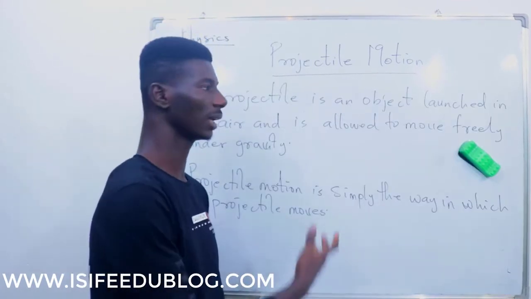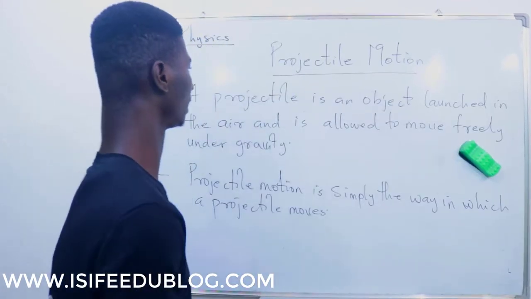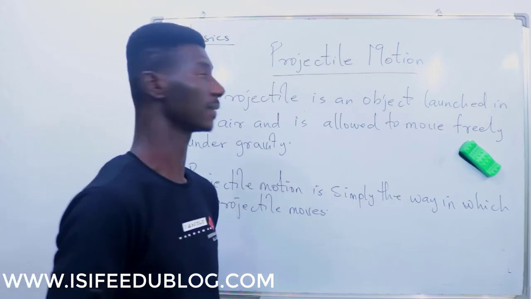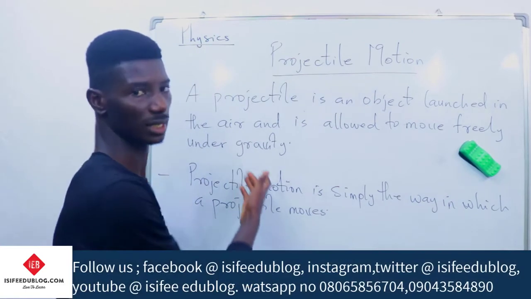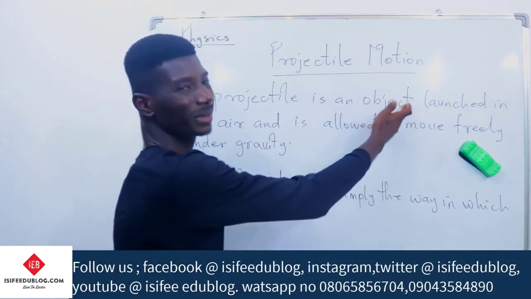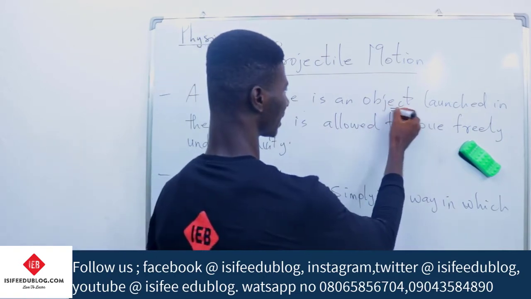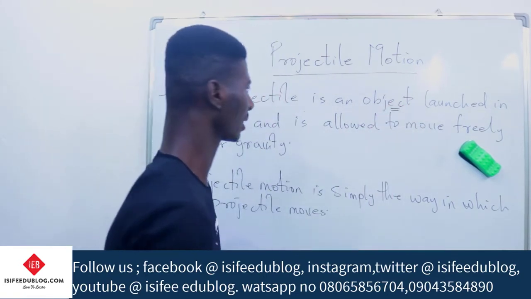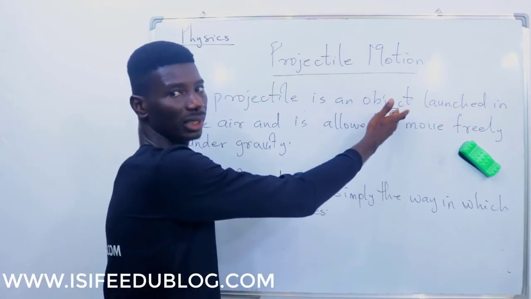Okay, here we have the definition of what a projectile is. Now, the definition says a projectile is an object. Sometimes we call it a body.